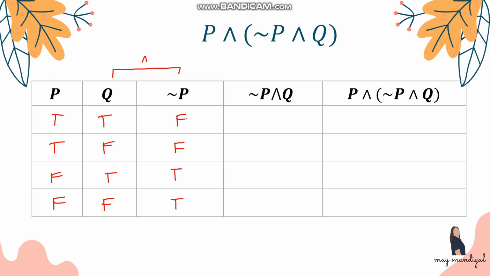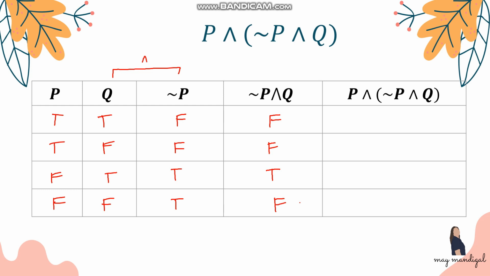So again, for conjunction, the only time that it will be true is when both of the statements are true. Otherwise, it's false. Since they are different values here, one is true, one is false, the conjunction is false. Next, since both of them here are false, so obviously the conjunction will be false. Now here, both Q and not P are true, so that's the only time that our conjunction will be true. And then lastly, we have false and true, so that means the conjunction is again false.